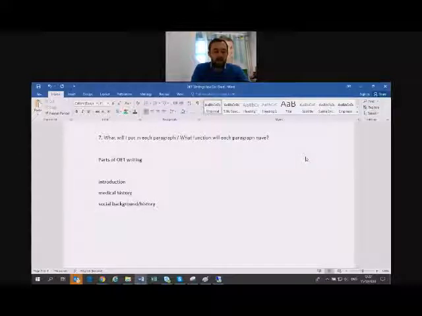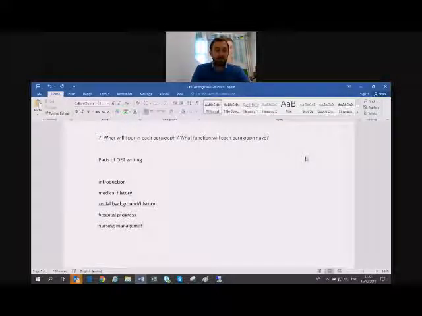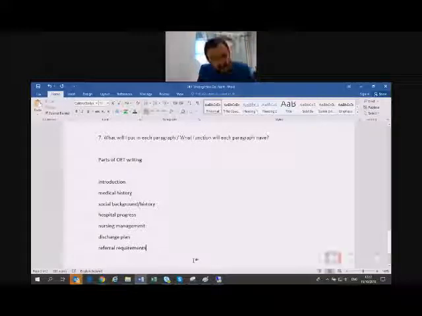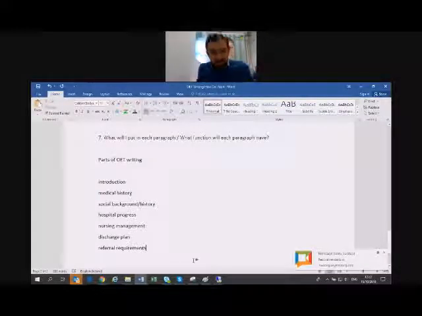Then you've got medical or hospital progress. And you've got nursing management, discharge plan, and you've got referral requirements. Think about it. Can anyone think of anything else?